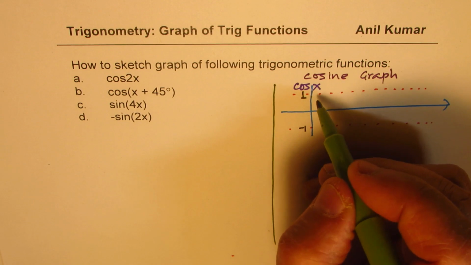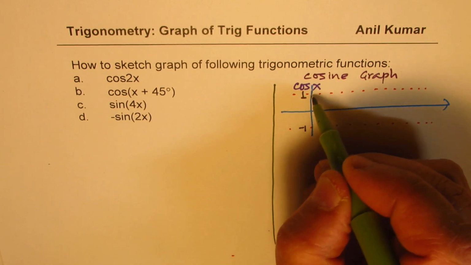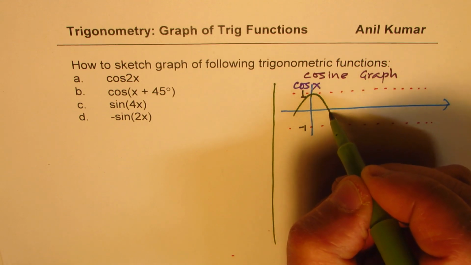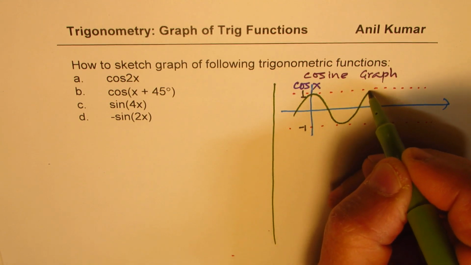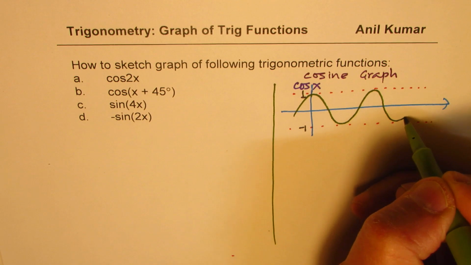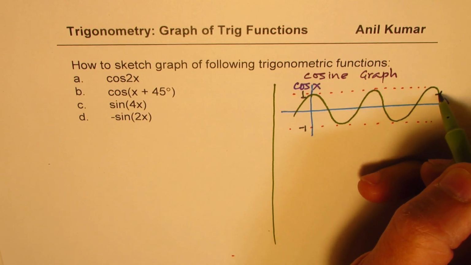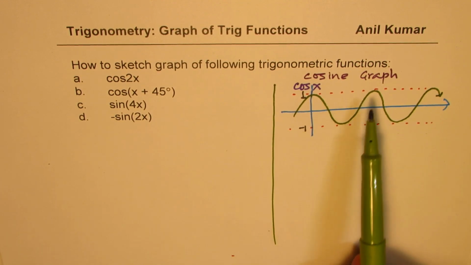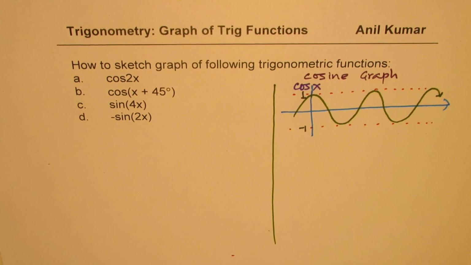Now basically the cos function starts with the maximum, right? So we could go like this and then it is like this. Cosine and sine functions are related since they have a 90 degree, or pi by 2, phase shift. So that becomes a cosine wave since it starts with a maximum.